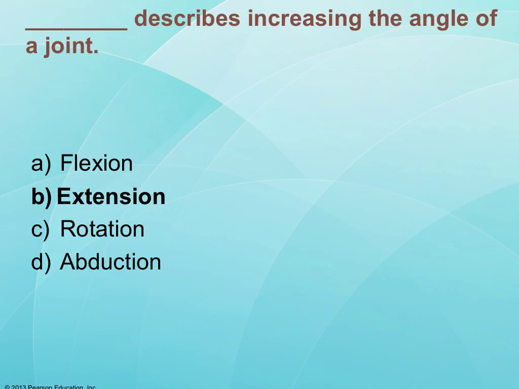So if you straighten your elbow or make your knee go straight, those are extension. And flexion is to decrease the angle of the joint, and the rotation is a circular movement along an axis, and the abduction, that's take the limb away from the body. Abduction, AB for away.